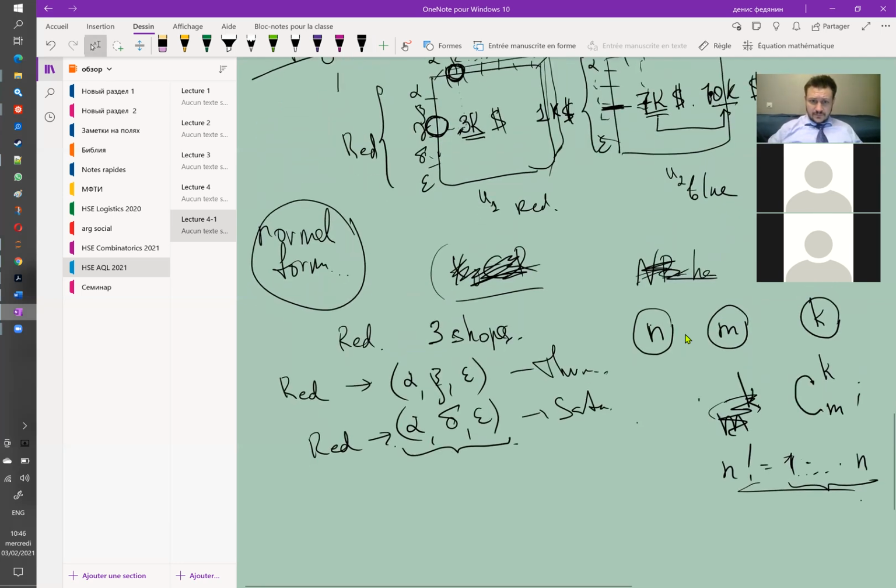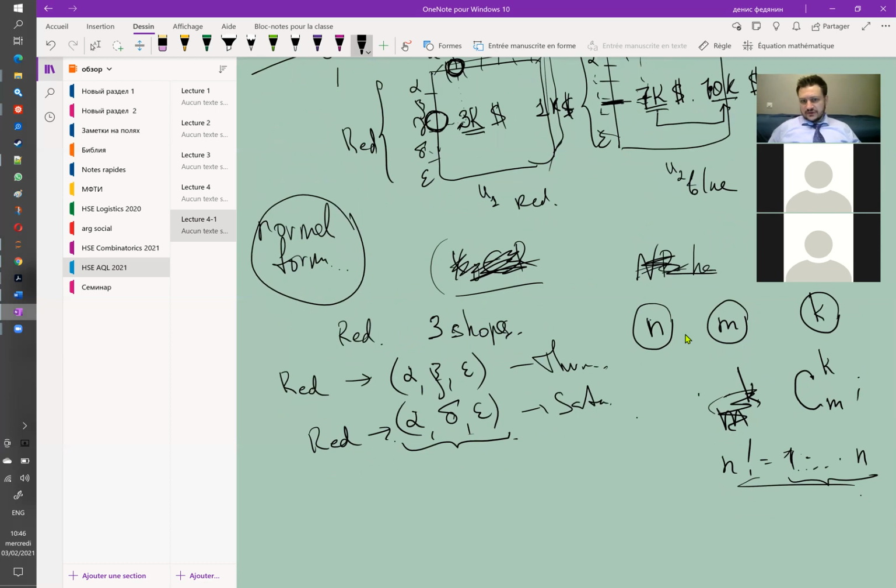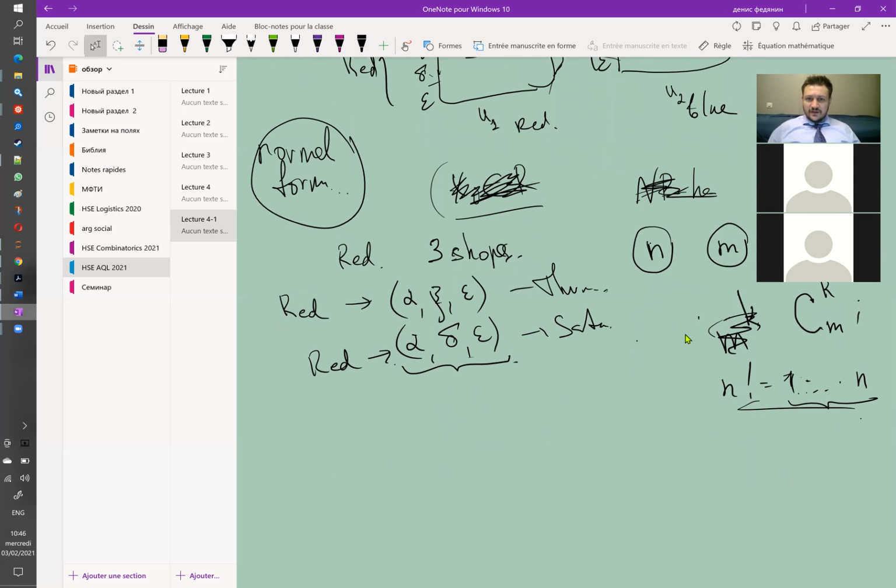Here we have to know just that if they have several types of shops, for example, one is a store and one is a supermarket, then the ordering matters. So the first one is the place for the supermarket, and the second one for the small shop.